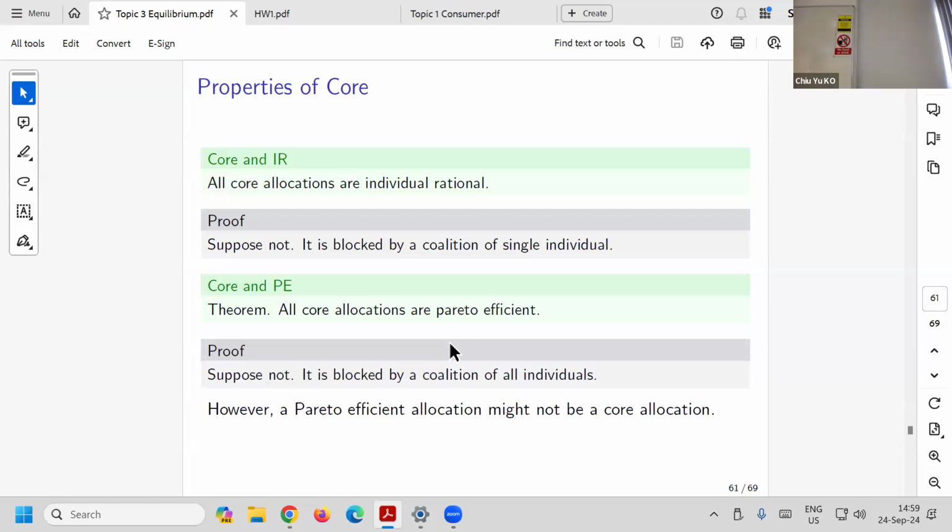So the first proof is very simple. Core allocations are individually rational, because IR is just one person blocking, so the core is a more general concept, allowing any arbitrary group. And core allocations are all Pareto efficient, because Pareto efficiency means everyone together can block.